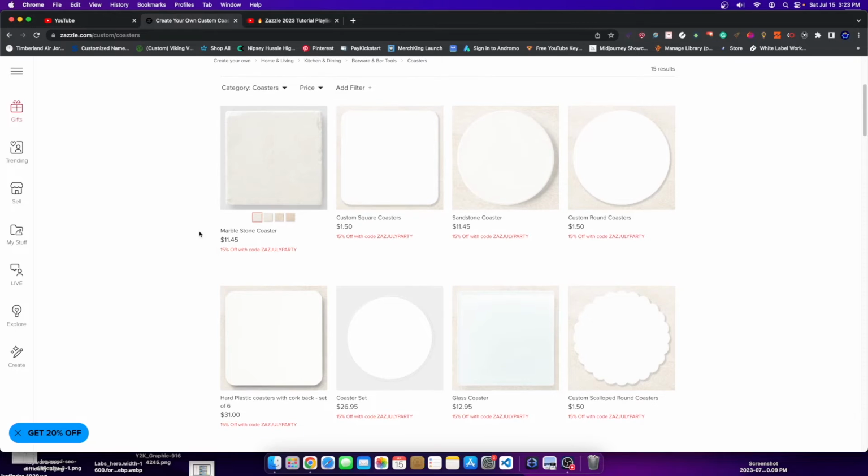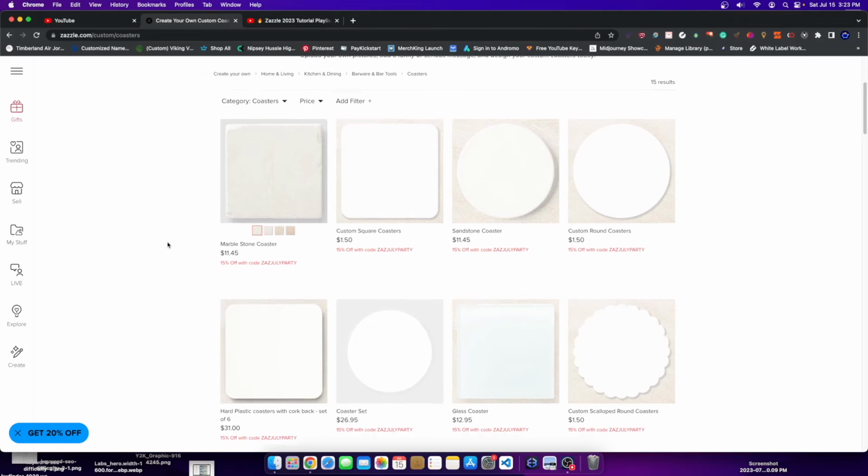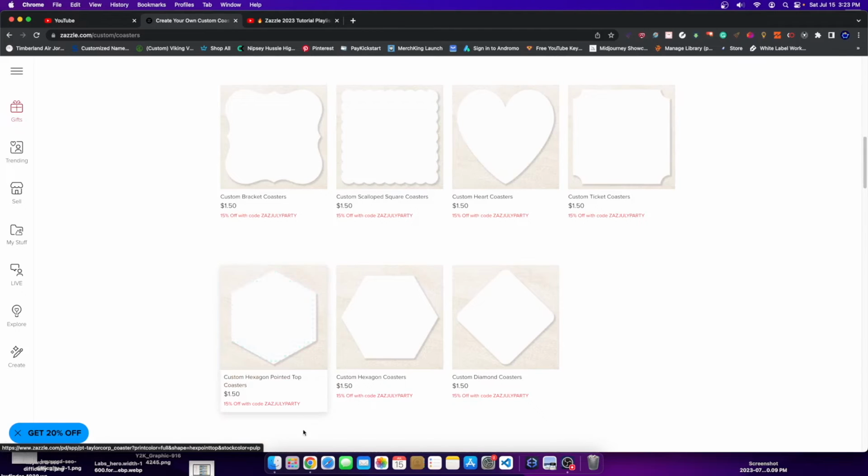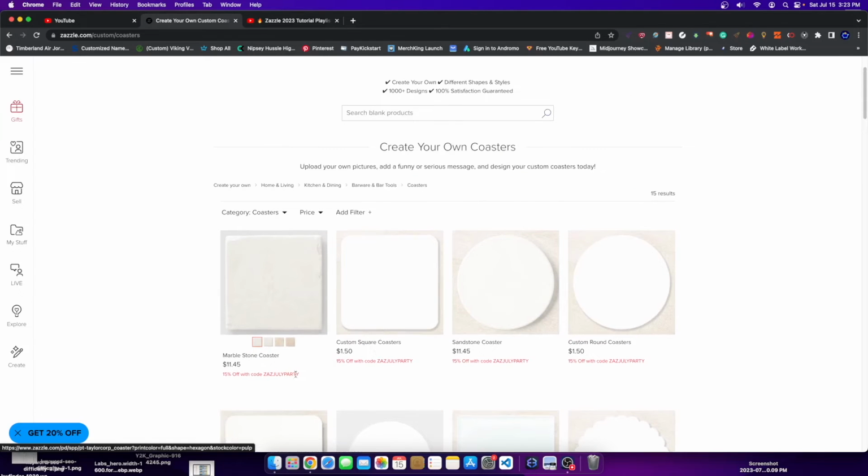So I think it's a fair assertion for me to sit here and say, and I actually would bet money on this, if somebody said to me, do you think marble stone coasters are more effective from a sales standpoint, more successful from a sales standpoint than custom hexagon coasters? And I would say, yeah, I do believe so.